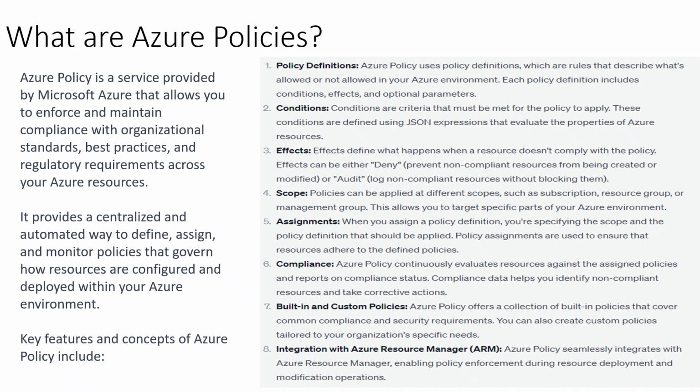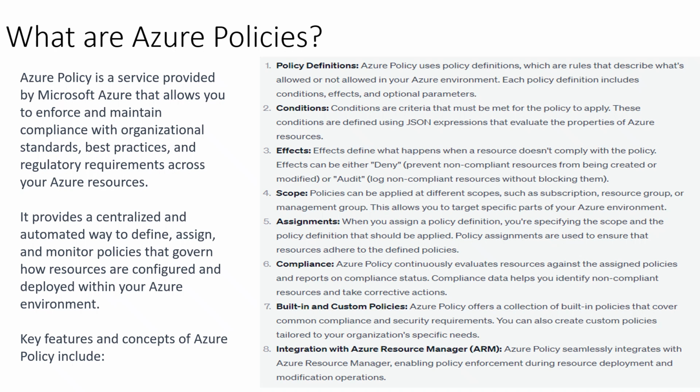An Azure policy is a service provided by Microsoft Azure that allows you to enforce and maintain compliance with organizational standards, best practices, and regulatory requirements across your Azure resources. It provides a centralized and automated way to define, assign, and monitor policies that govern how resources are configured and deployed within your environment.